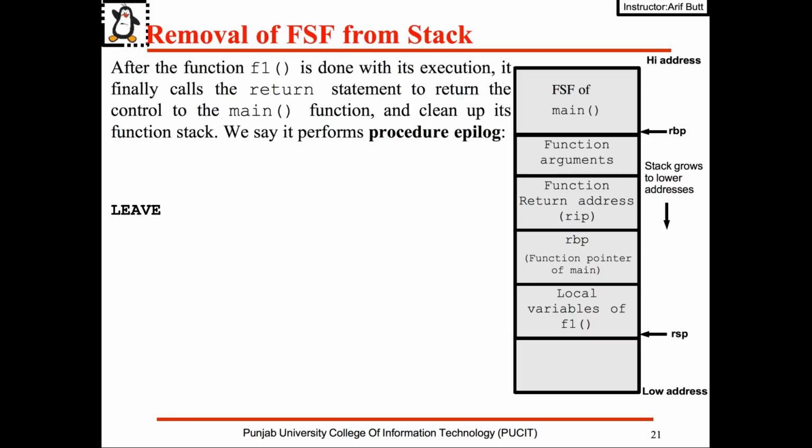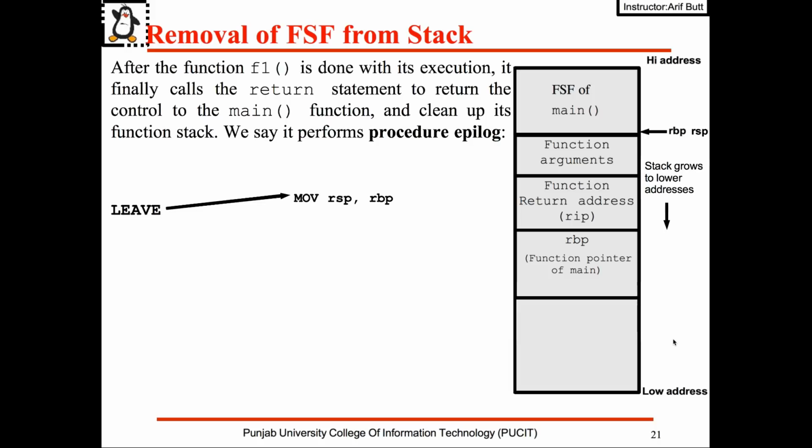The leave instruction, which does not have any operand, reverses the action of the previous enter instruction, and it is done in 2 assembly instructions. First is move RSP, RBP, that is, move RSP to where RBP is pointing and clear the space of the local variables.